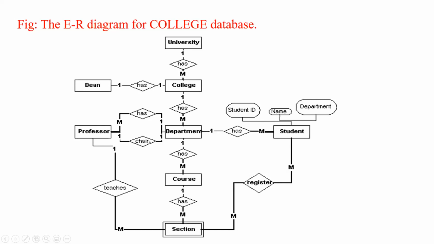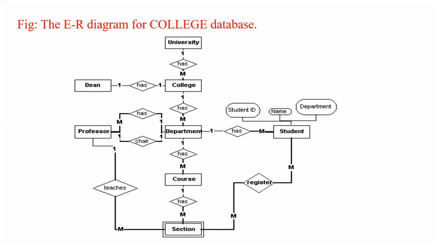Departments have professors and a department chairperson. Here you can see the relation. One department, many professors. One department, maybe one professor as chairperson. And professor teaches sections. The section is a double rectangle, that means weak entity.